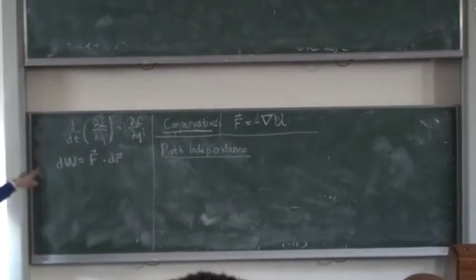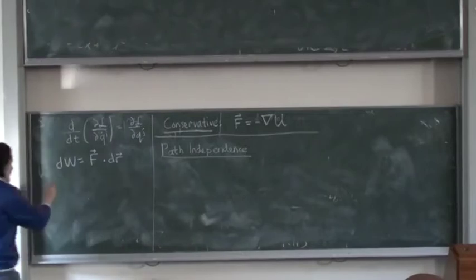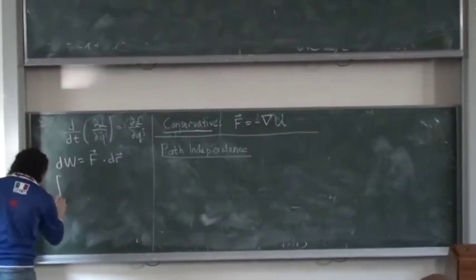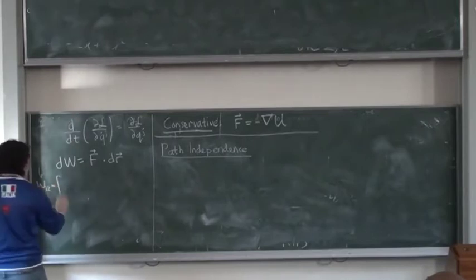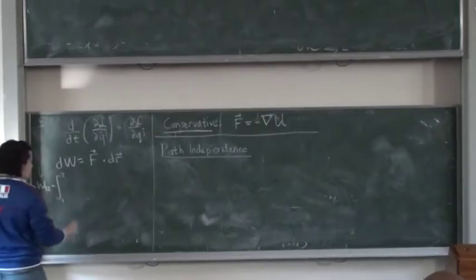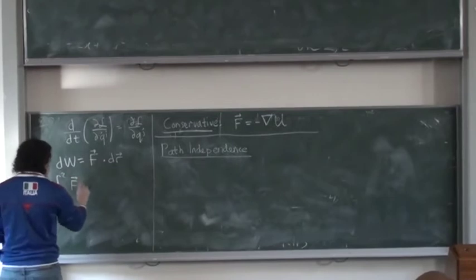We've seen this earlier, right? And we know that to get the work, when we move from one place to another, we simply integrate this. So the work in moving from one place to another is simply the integral from place 1 to place 2 of F dot dr.